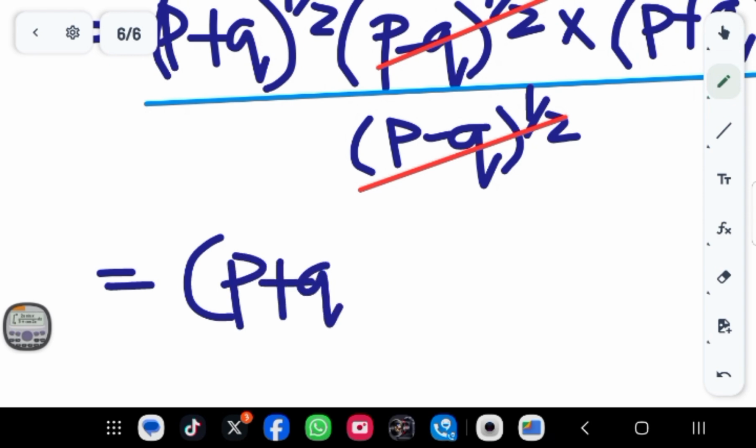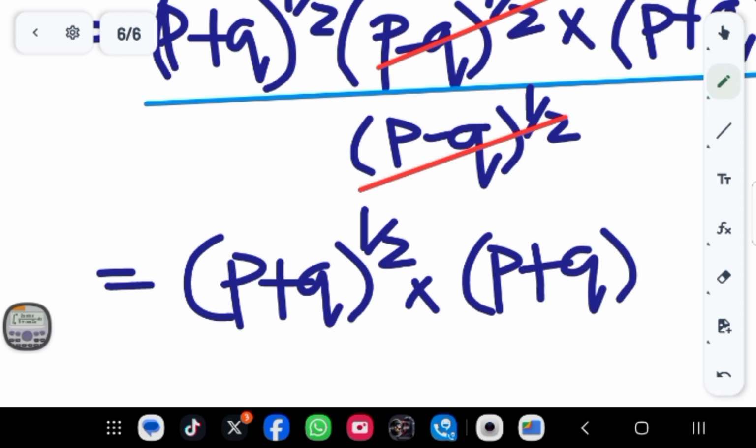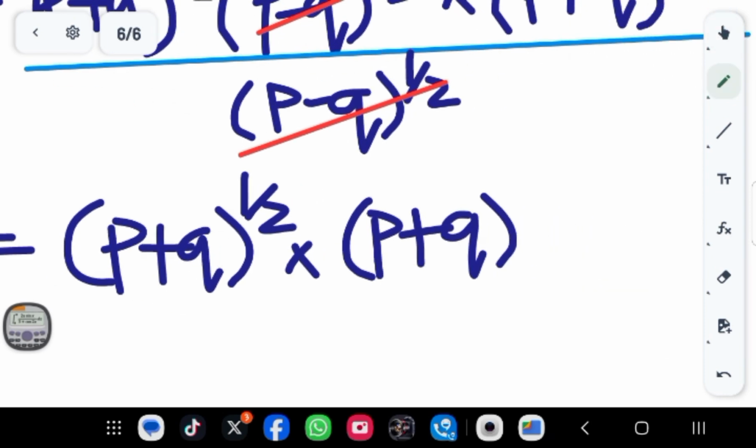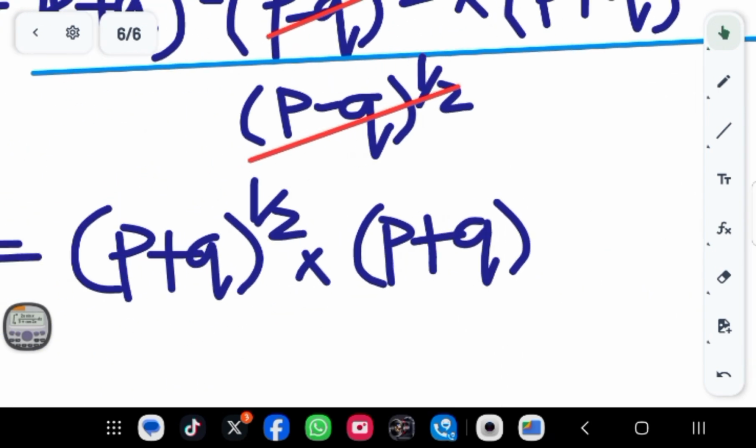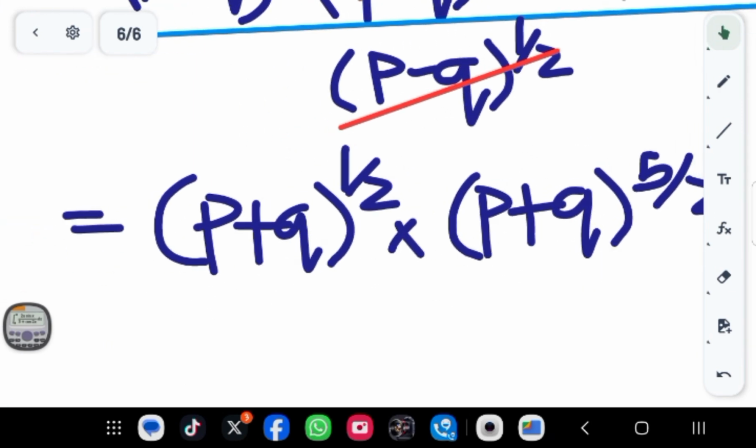And then p plus q all to the power of 1 over 2 times p plus q to the power of 5 over 2. Now, when we multiply powers of the same base, p plus q and p plus q, we must add the exponents.